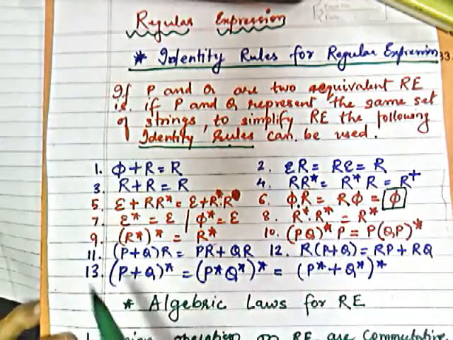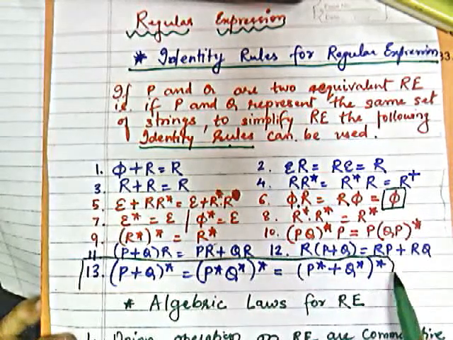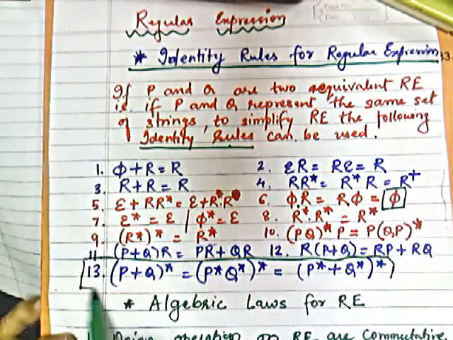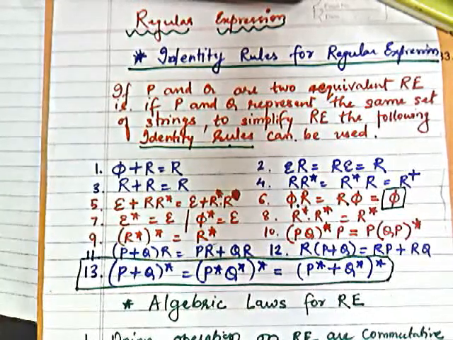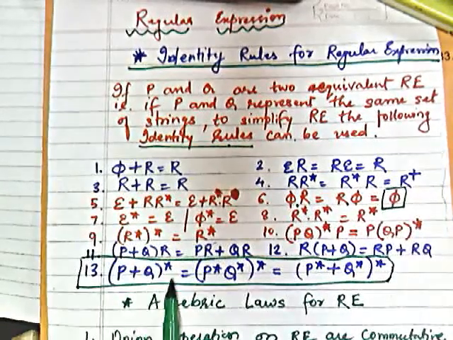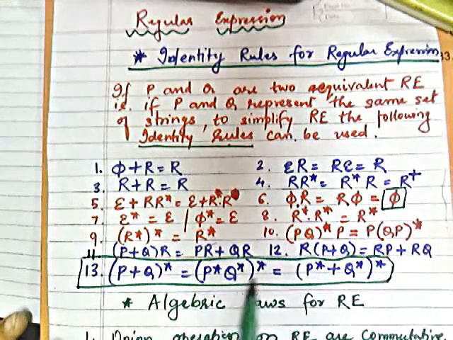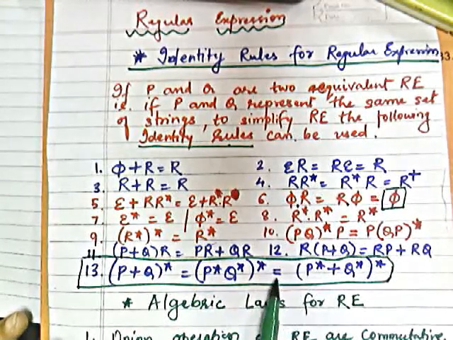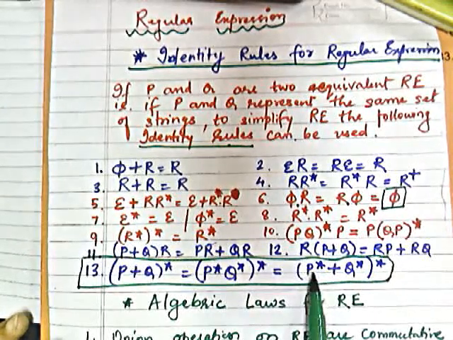Now this is a very important rule, and it is necessary that you clearly understand it as well. Fix in your mind that (P plus Q) whole star is equal to (P star Q star) whole star, which is the same as or equivalent to (P star plus Q star) whole star.